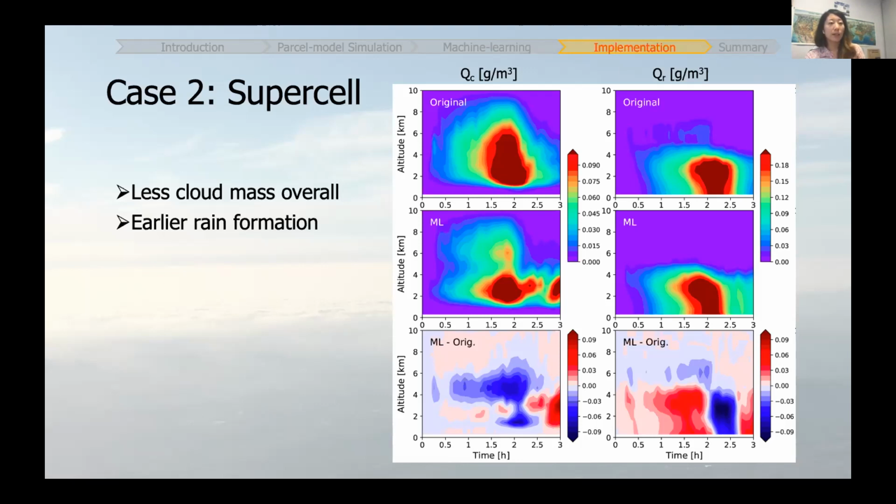But generally speaking, this reduction in QC when I use the machine is a very encouraging result, because a lot of times those parameterizations that are commonly used in cloud resolving models have this problem of starting precipitation too late compared to observations.